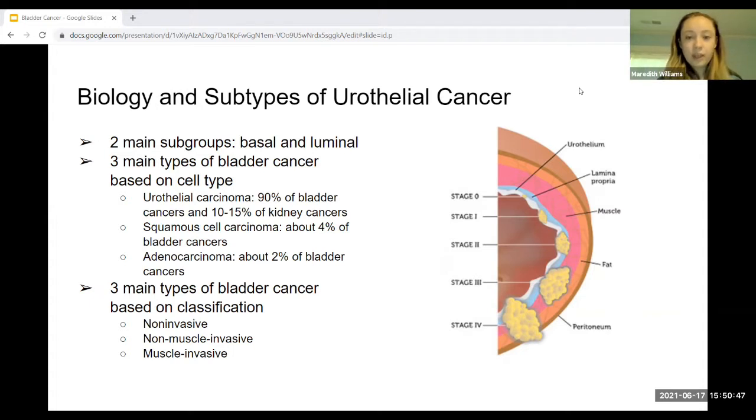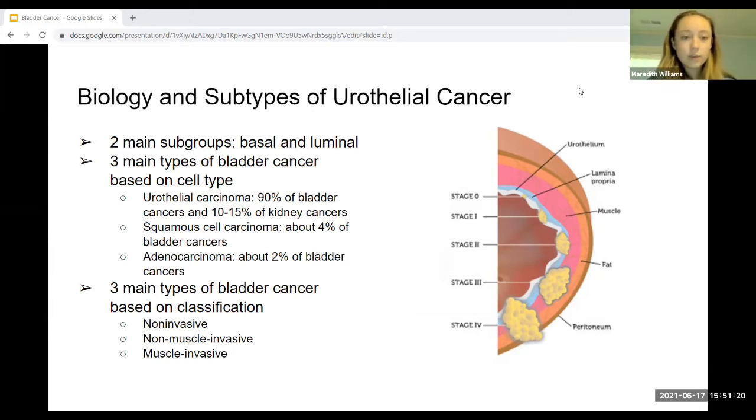Urothelial carcinoma starts in urothelial cells, hence the name, which are the cells that make up the innermost lining of the bladder. The next type is squamous cell carcinoma, which makes up about 4% of bladder cancers, and those start in the squamous cells, which happens sort of as a chance mutation due to cells proliferating in response to irritation and inflammation.